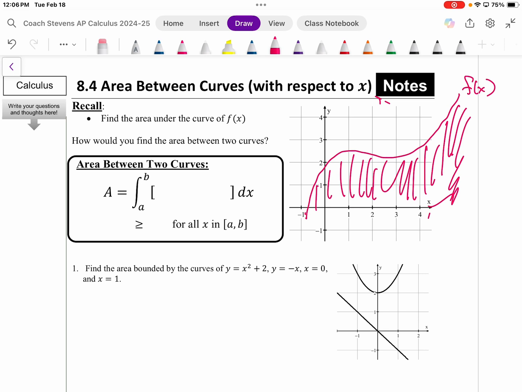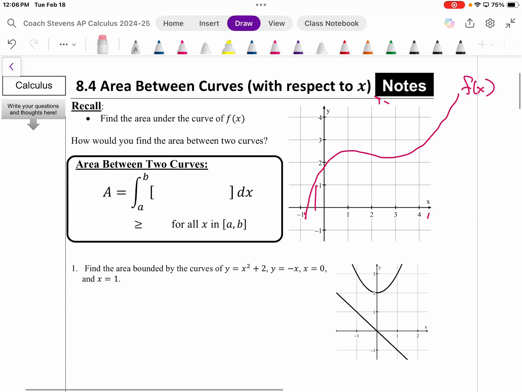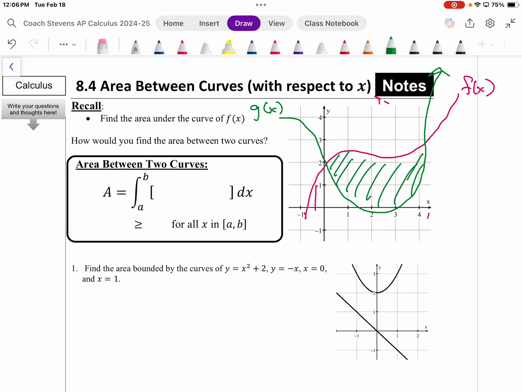If I bring in a second function, let's call it g of x, and g of x comes down and goes up, and they ask me to find the area between g and f, then that's mainly focusing on this part right there.